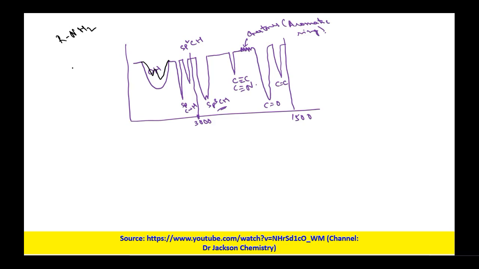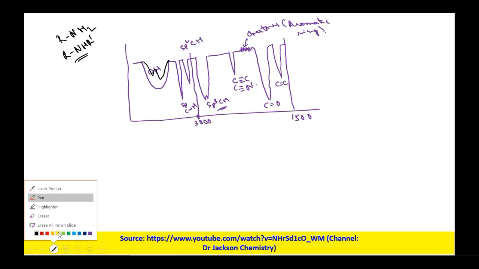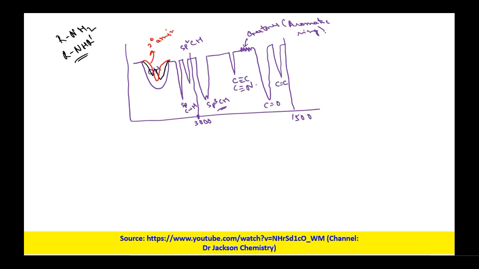And if it is a secondary amino group, RNHR dash, then we will be having this. This is for the secondary amine, and the black one is for the primary amine.